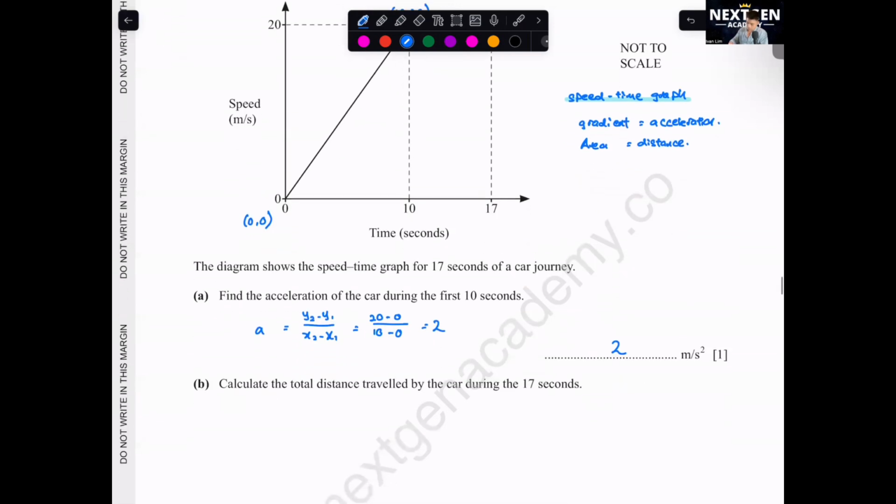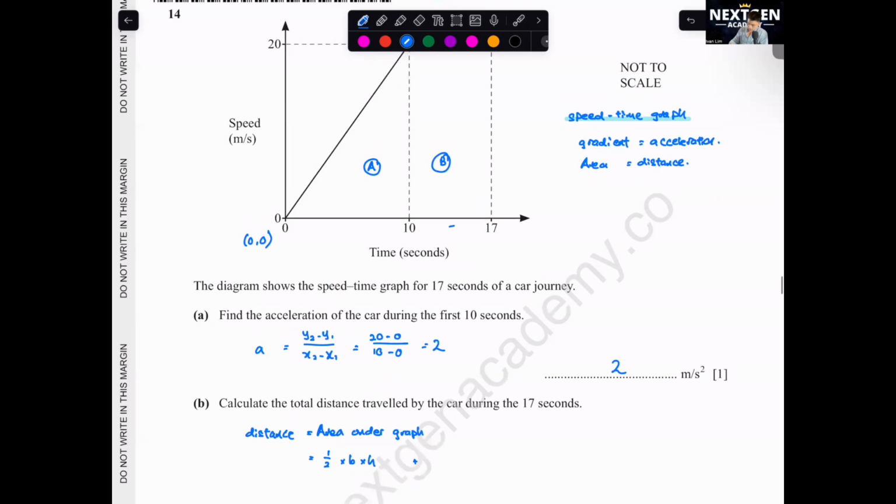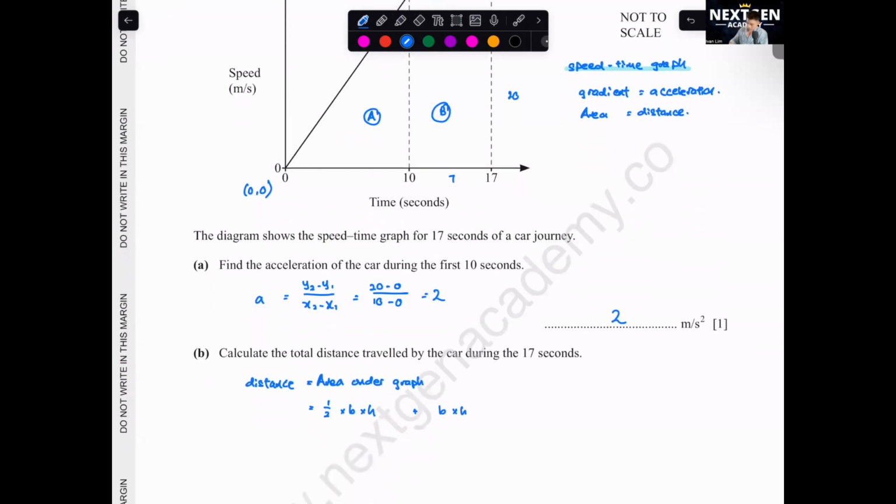The next one, total distance. Total distance will be the area under the graph. We can split it into two parts. Let's call this region A, region B. Region A is half times base times height. Region B here is 7 and then 20. This is base times height, because this one is a rectangle.